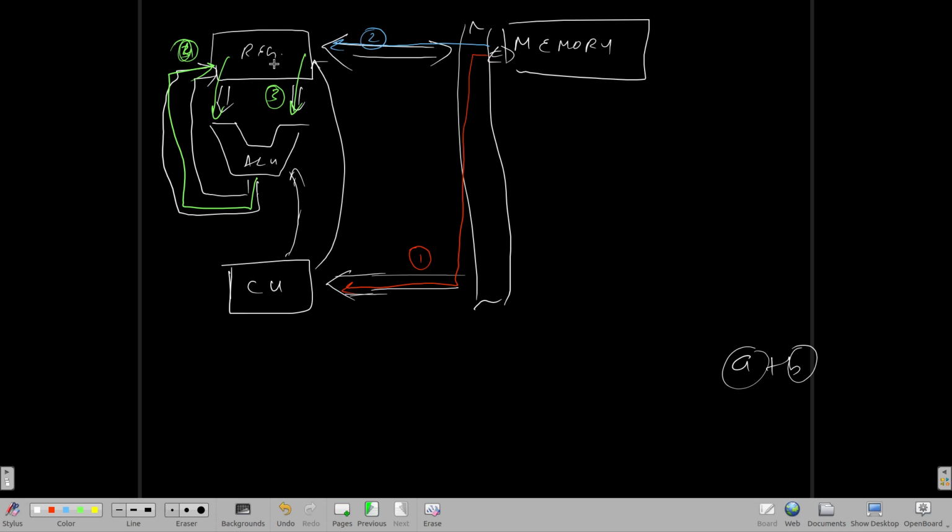But registers are temporary storage, right? So the result has to be given back to the memory or output device. Let's say, for simplicity, memory. So it is stored back to the memory. So this is how a basic system works.